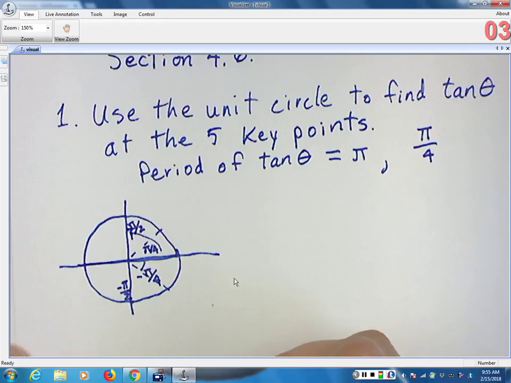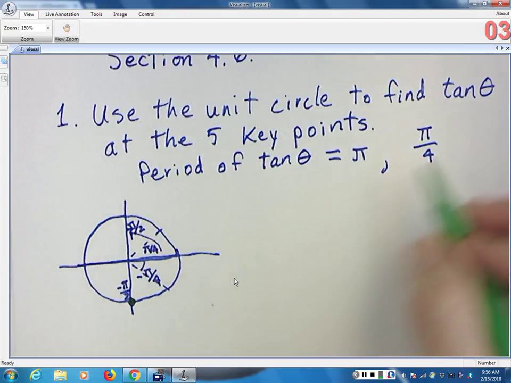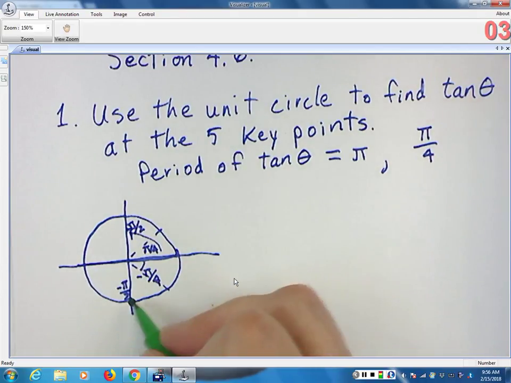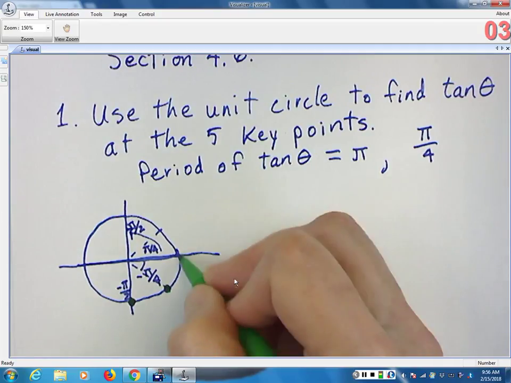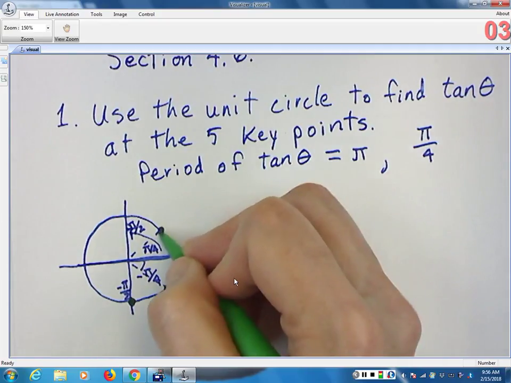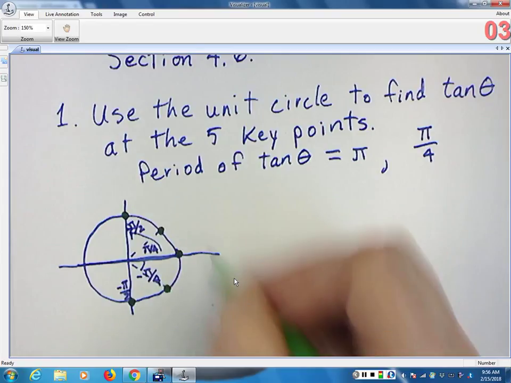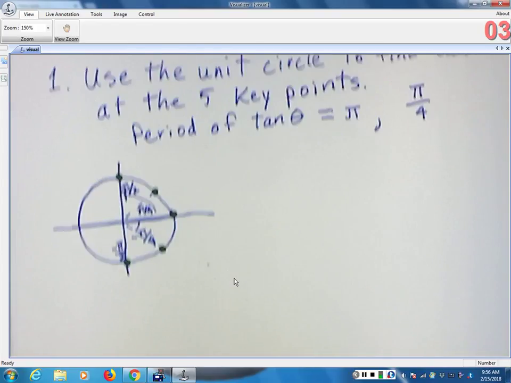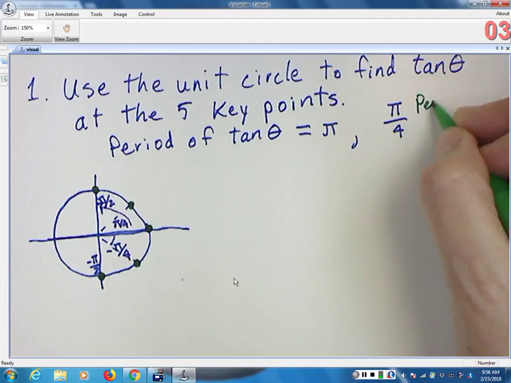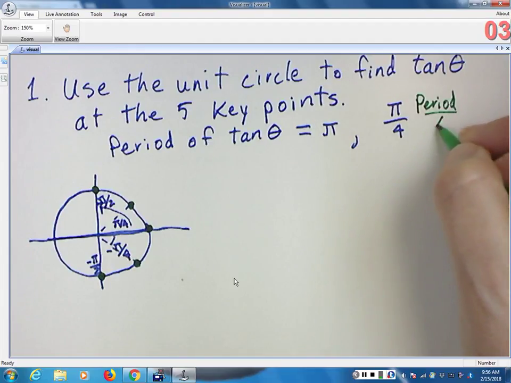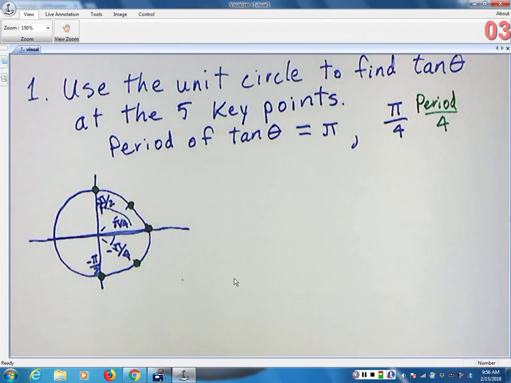So those are the angles, the 5 key points. We start down here at minus pi over 2, then the next one, and the next, and then tangent repeats. This is the period divided by 4, and this is just tangent of theta.